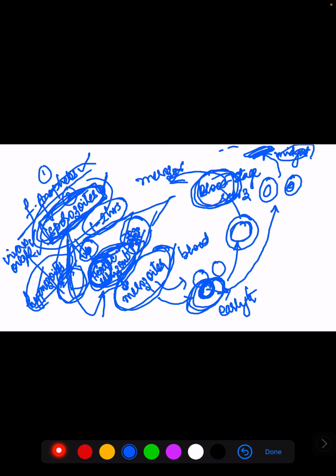Sporozoites, liver, hepatic schizonts, merozoites, early trophozoite form, then late trophozoite form, then the blood stage schizont, then merozoites, and then the gametocyte, which enters a female Anopheles mosquito.